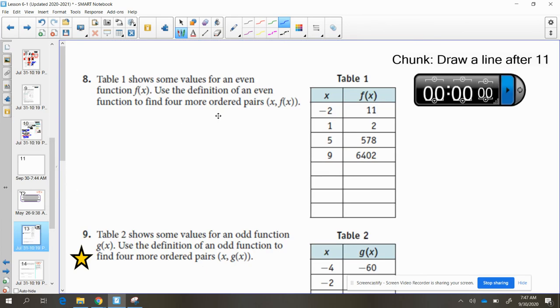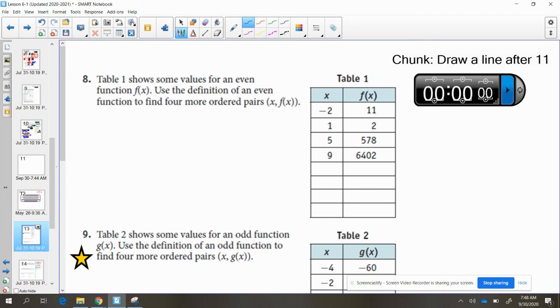If we want to talk about something being an even function versus an odd function, if we want this to be an even function, again, we need to have that symmetry over the y-axis. So all of these values would have to reflect over and be the same at the opposite x values.